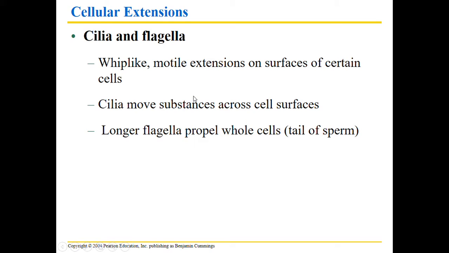We have cilia that are hair-like and move in wave-like motions and push things across surfaces of cell membranes. And then we have flagella, which is one long extension that will propel the cell itself. So like sperm cells. The tail of the sperm is what the flagellum is. So flagellum is singular, cilium is singular, cilia and flagella are plurals.